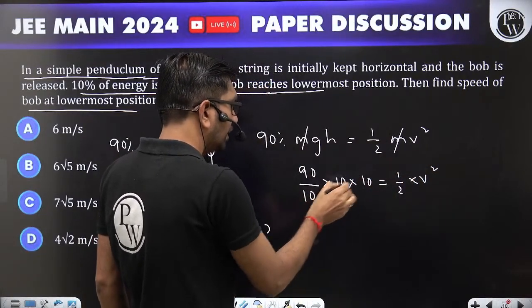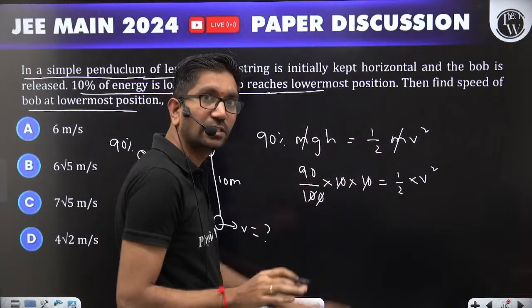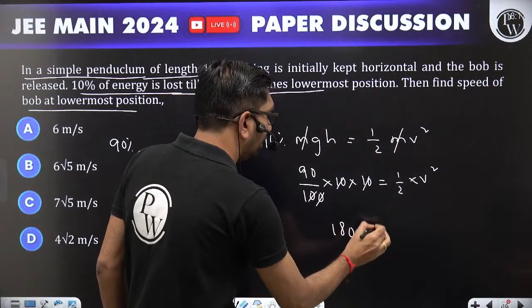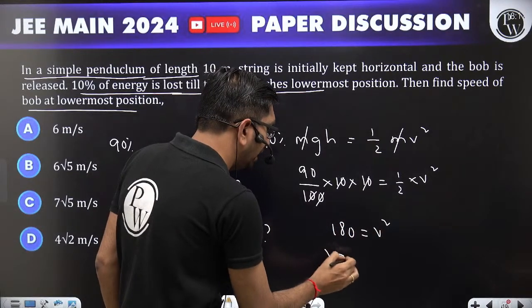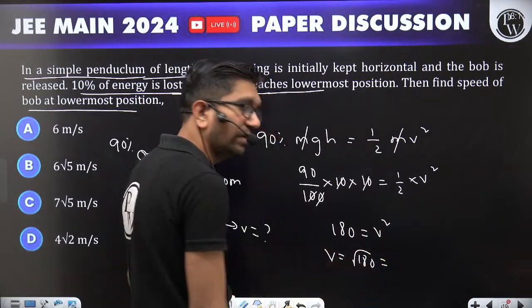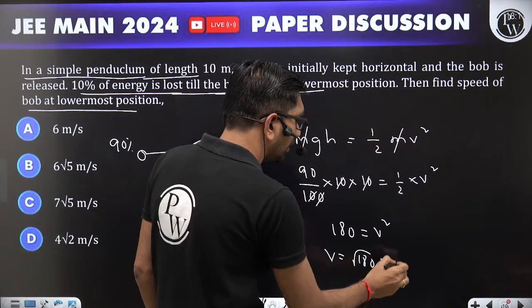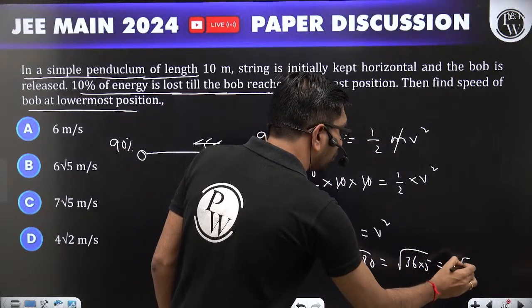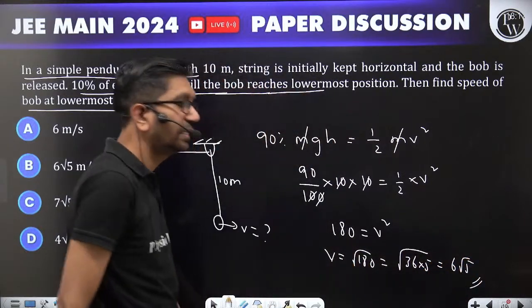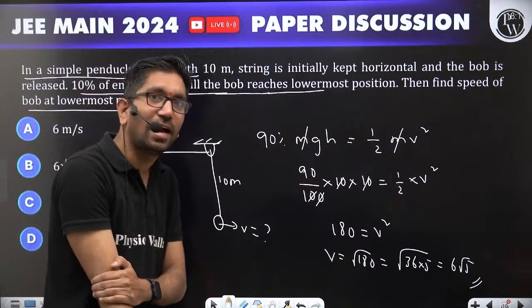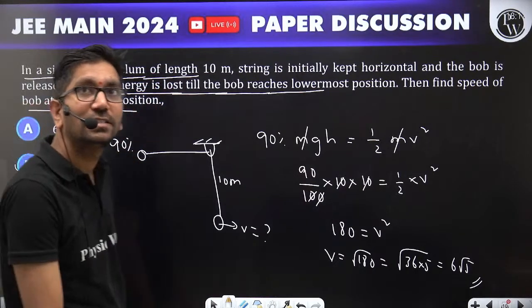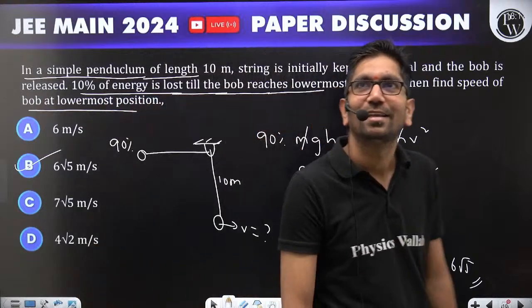The zeros get cancelled, so we get 180 equal to v square. V is equal to root 180, which we can write as root 36 into 5, so 6 root 5. 6 root 5 meter per second is the final answer. Option B is the final answer.